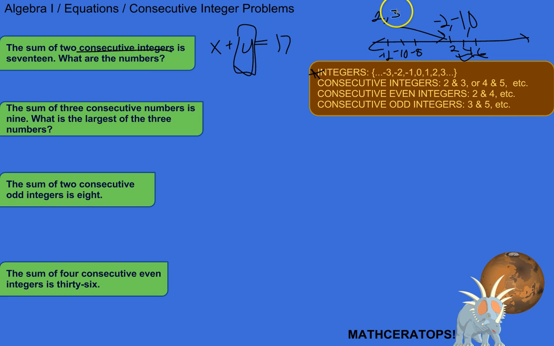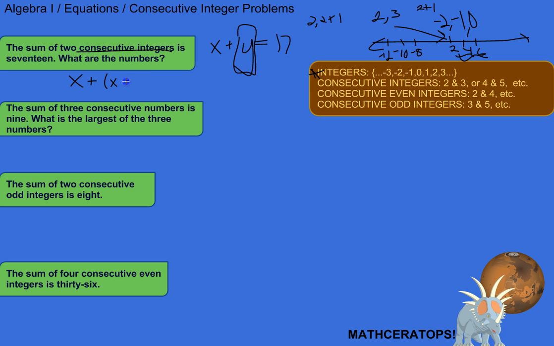If I wanted to describe 3 in terms of 2, I could rewrite it as 2 plus 1. So if I wanted to write 2 and then 3 just in terms of 2, I could have 2 and then 2 plus 1, if that makes sense. So actually we can rewrite y as simply x plus 1. So we've got x plus, and then instead of y, we're just going to call it x plus 1.